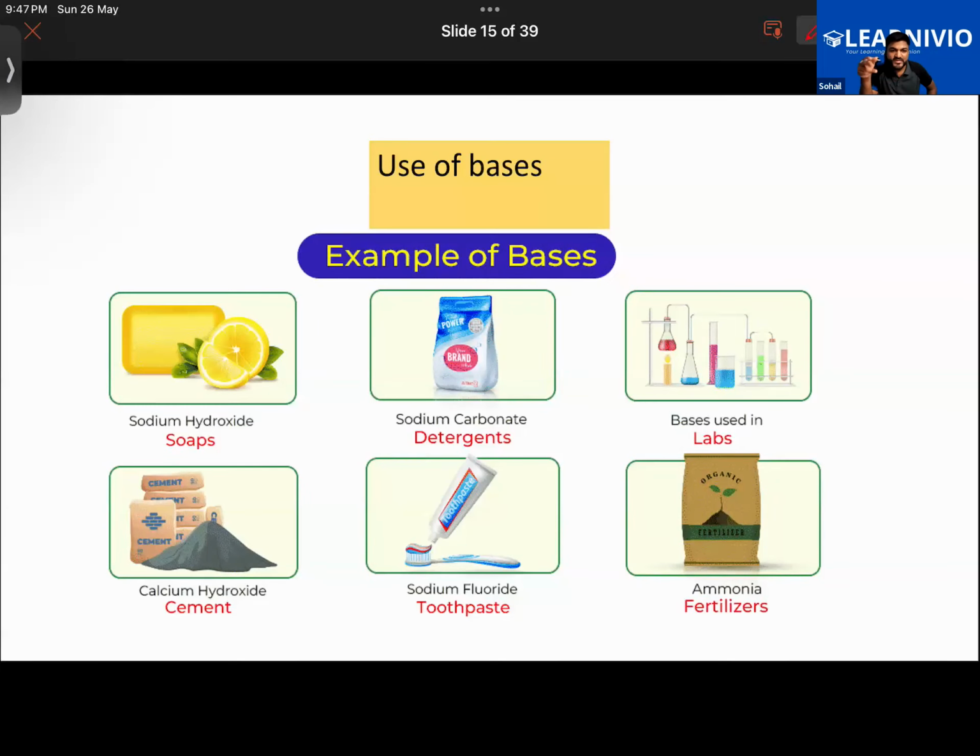So I manufacture detergents, and after manufacturing it, when I test the pH of the detergent, I found out that it's a basic substance. It's not like in order to manufacture a base, I had earlier decided that I will only be using a basic substance. That was not the case.